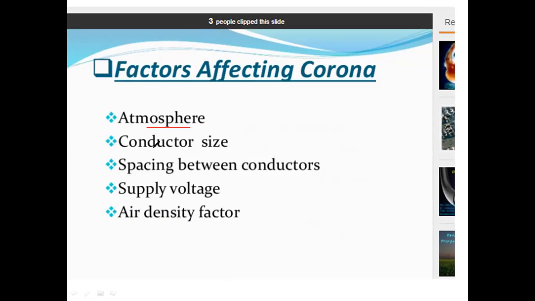The conductor size also affects the corona. The greater the spacing between the conductors, the lower the chance of the corona, and vice versa. The supply voltage is directly proportional to the chance of the corona, meaning if we have high voltage, the electrical stress will be high and the disruptive critical voltage will be reduced, so the chances of the corona will be higher.